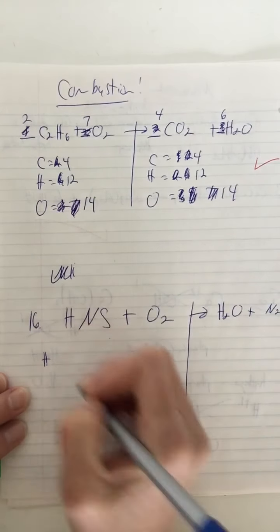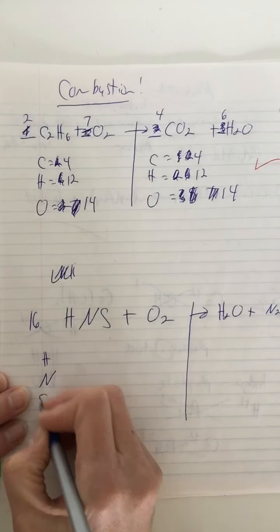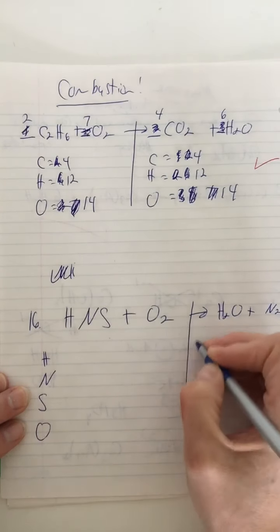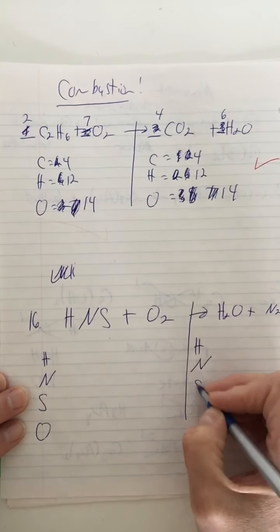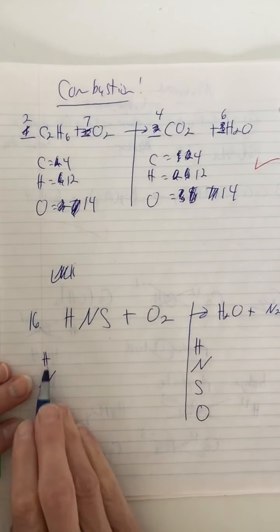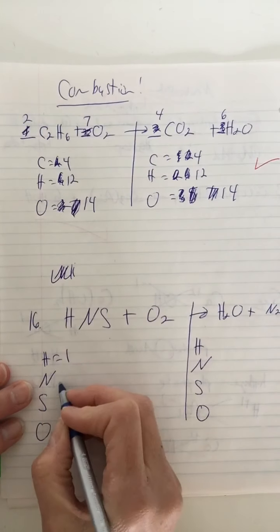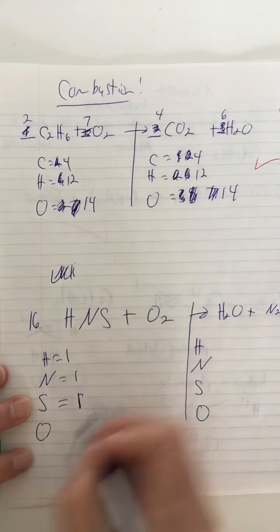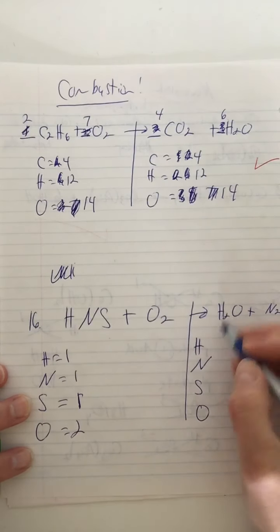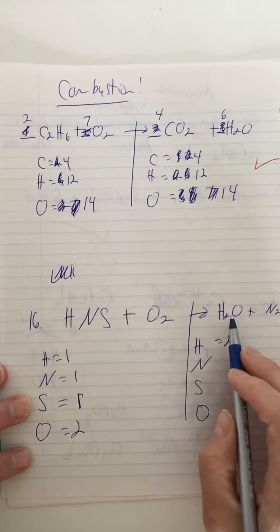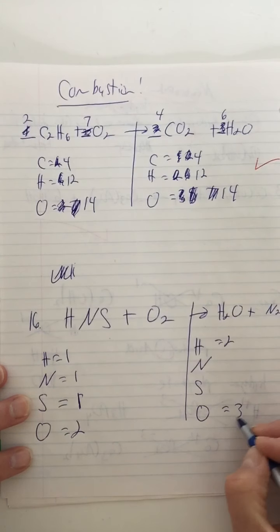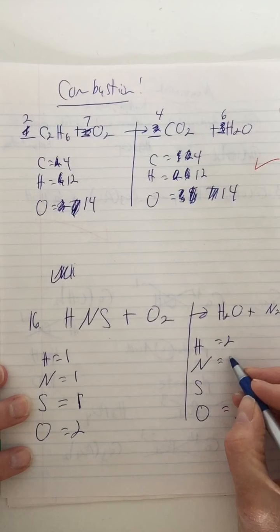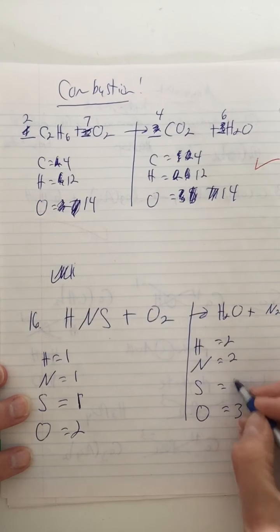I have an H, an N, an S, an O here. Here I've got 1 H, 1 N, 1 sulfur, 2 oxygens. Here I've got 2 hydrogen, 3 oxygen, 2 nitrogen, and 1 sulfur.